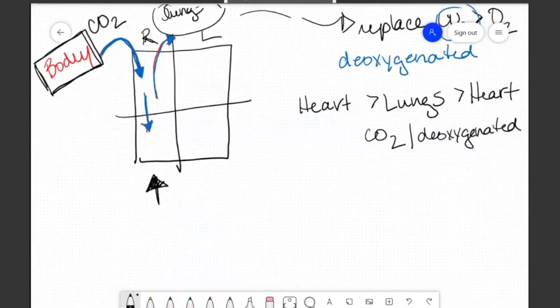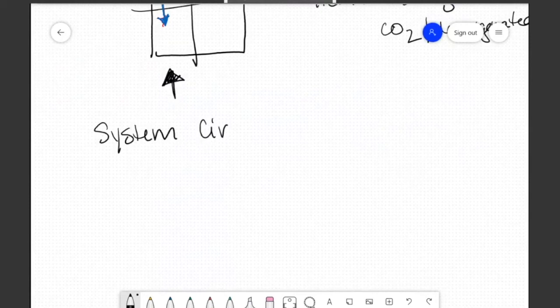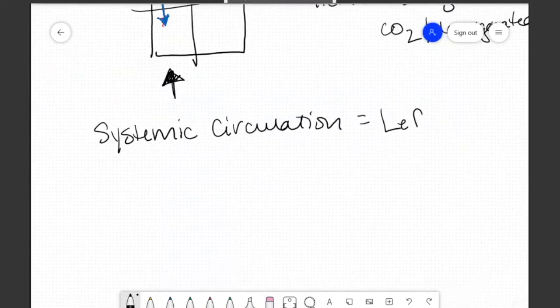Now let's do our systemic circulation. Systemic circulation. This is going to be a product of the left side of the heart. So here's our lovely little picture.